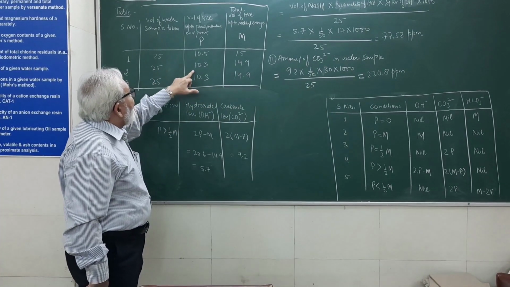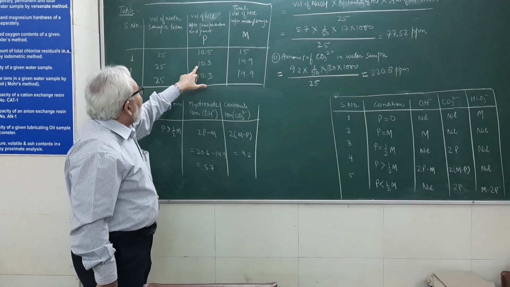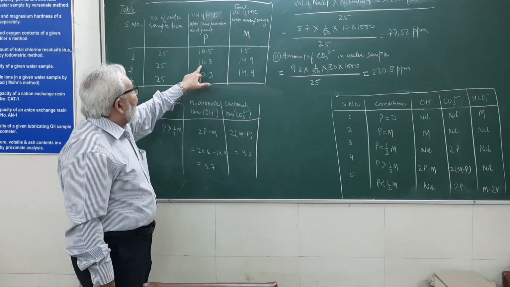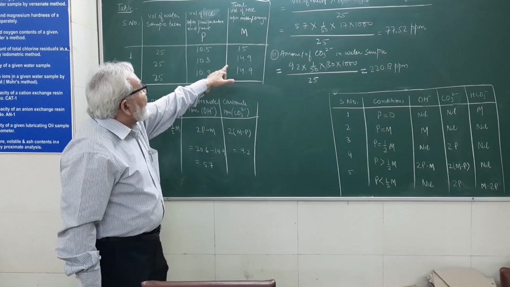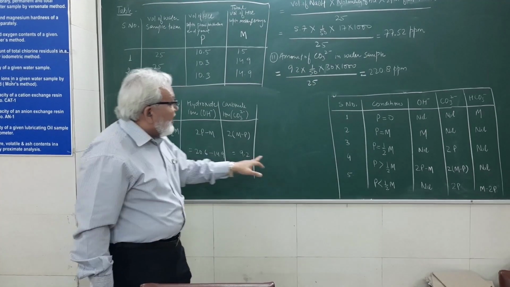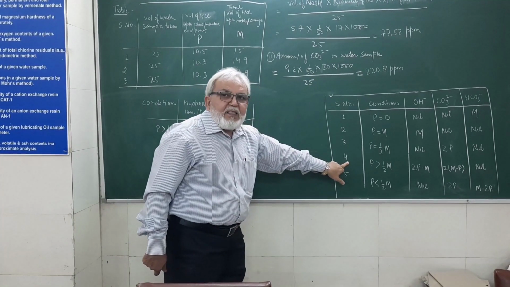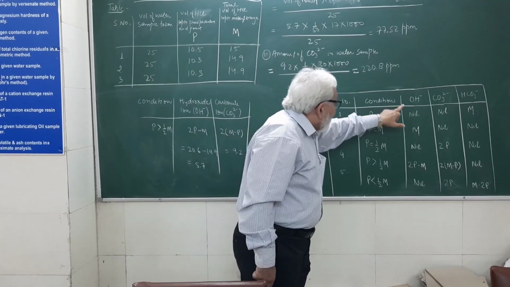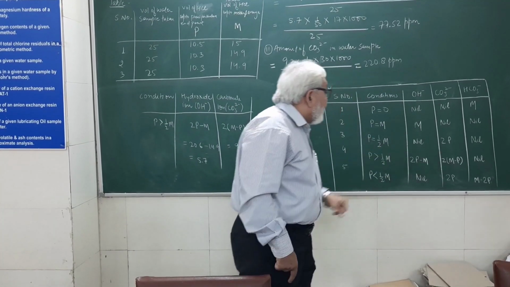Here you can see that the condition is P is greater than half M. Half M is 7 point something. So P is greater than half M. It means the fourth condition is being satisfied, meaning the water sample contains hydroxide and carbonate.